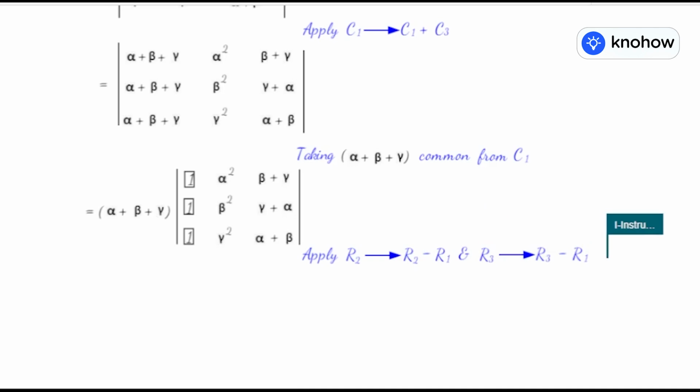So already you have a factor alpha plus beta plus gamma outside, and applying R2 minus R1, keeping R1 intact. What are the elements of R1? The elements of R1 are 1, alpha square, beta plus gamma.